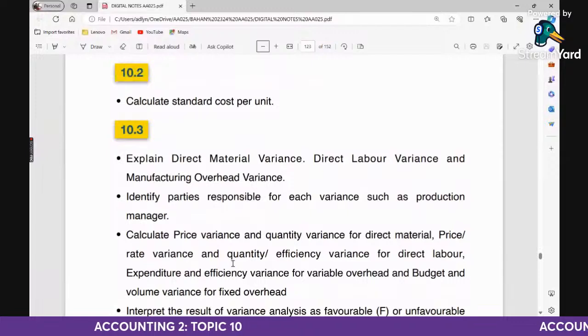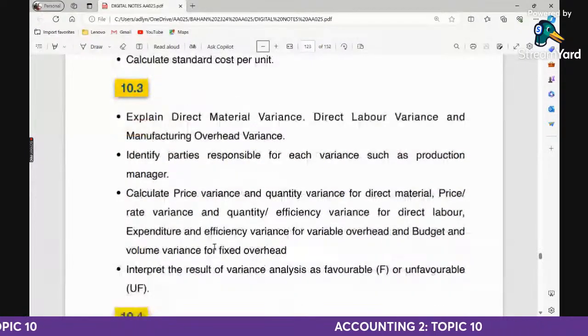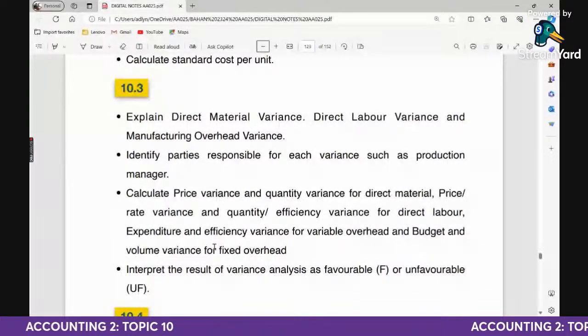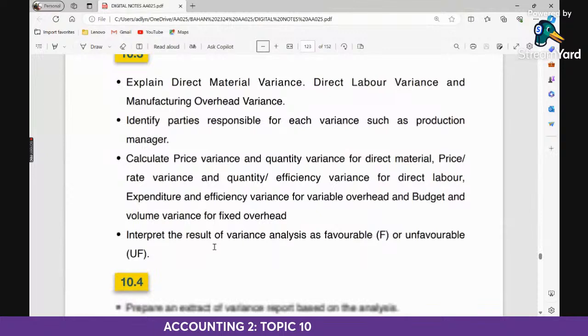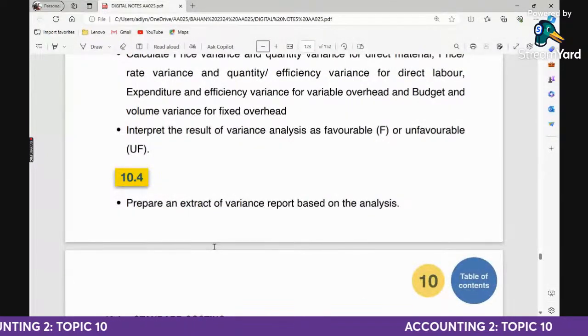And then 10.4, we are going to prepare and extract our variance report based on the analysis that we did in 10.3.